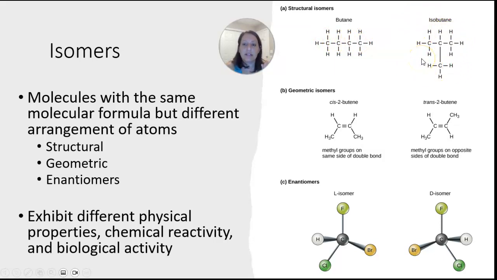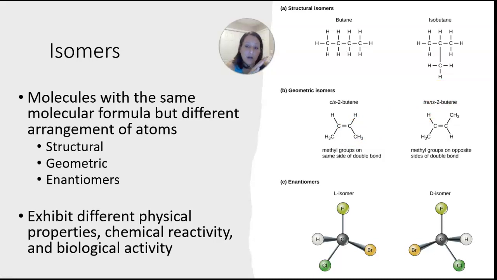So structurally, it's different. The second type of isomer is geometric isomers. So geometric isomers, we're talking about a double bond, okay? And so here's an example. This is called cis-2-butene, and this is called trans-2-butene. And so let's take a look here. Again, both are butene, there's a double bond.